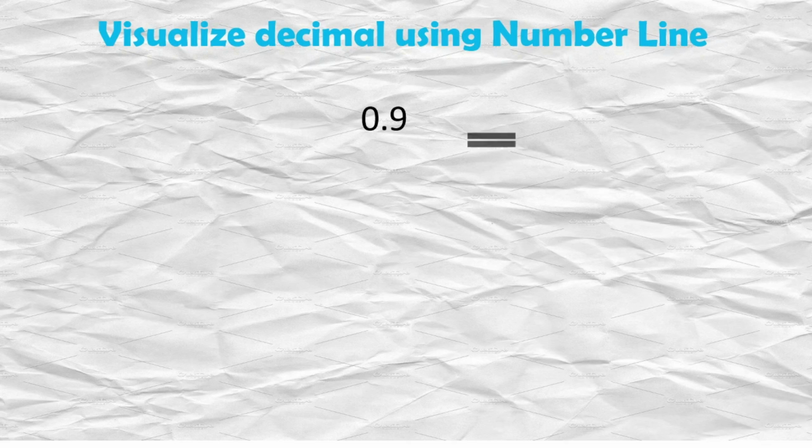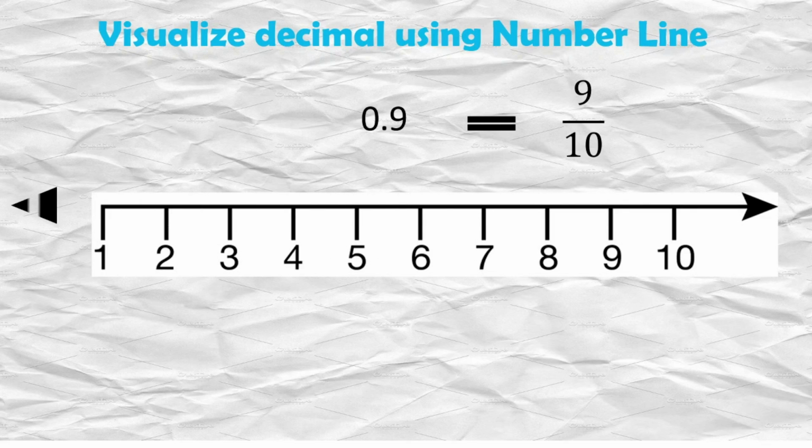Another example. 0.9. So, that is in a tenth. So, we have 9 over 10. Again, gagawa tayo ng number line na may number na 10. Then, we have a numerator of 9. Now, let us shade 9 numbers. 1, 2, 3, 4, 5, 6, 7, 8, 9.